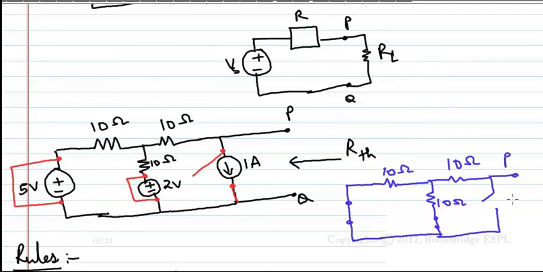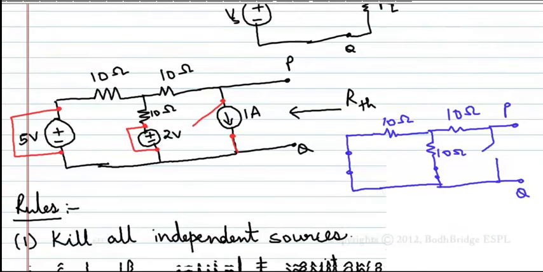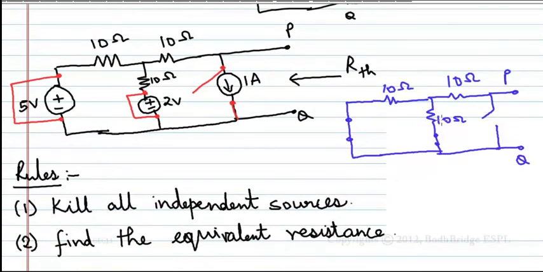This is P and this is Q. Right. Therefore, it is 10 parallel to 10. How much? 5. This part is 10 parallel to 10. It is 5. 5 in series with 10. It is 15. Therefore, between P and Q, it is 15 ohm.